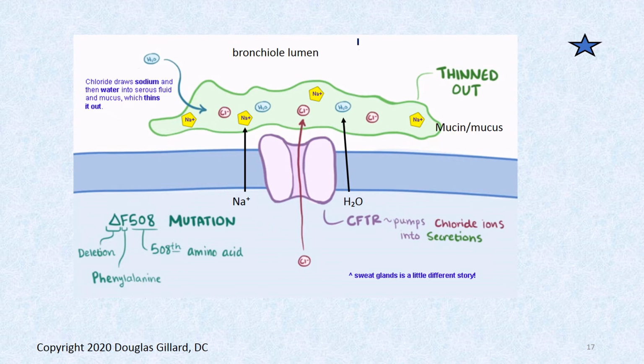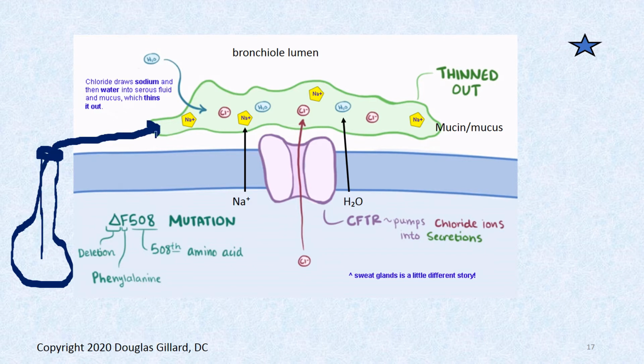Anyway, normally, so here is the lumen of a small bronchiole, and we can draw, let's say, a mucus gland over here. They can also be in the tubes of mucus, the lining of mucus glands as well. This picture's kind of a little off, but we'll say mucin is made here, this green stuff, but it's super thick.